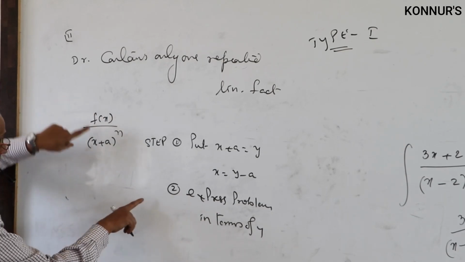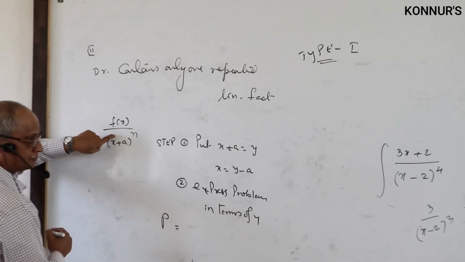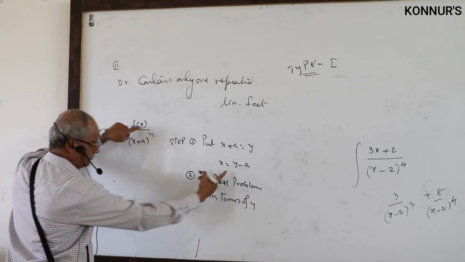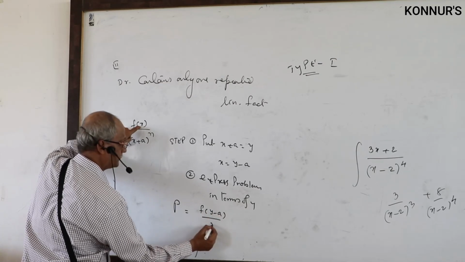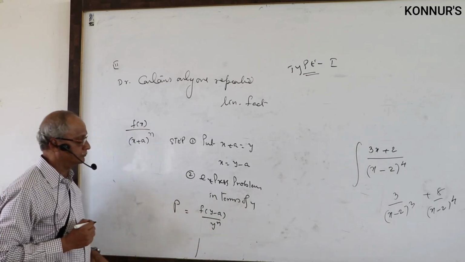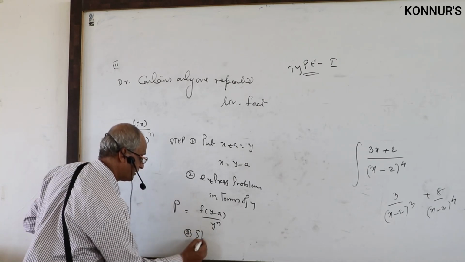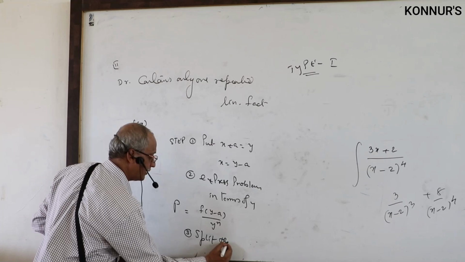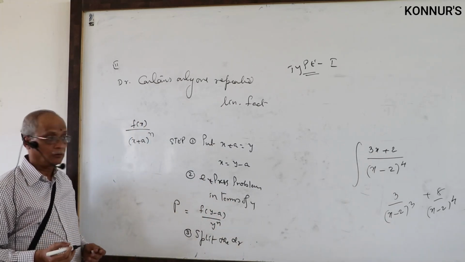The problem equals x in terms of y, by y power n. Third step, split the denominator. Answer is finished.